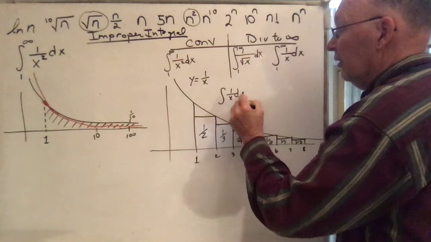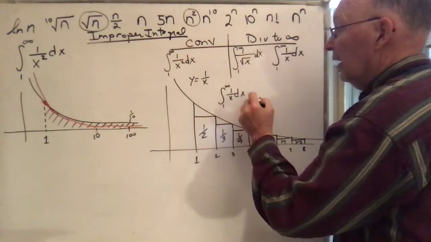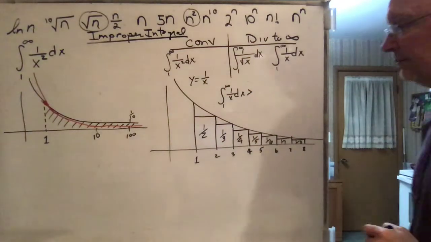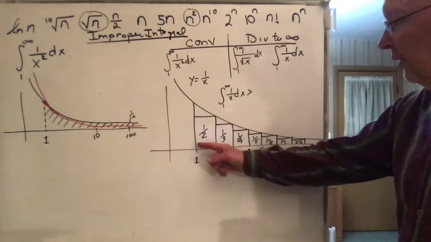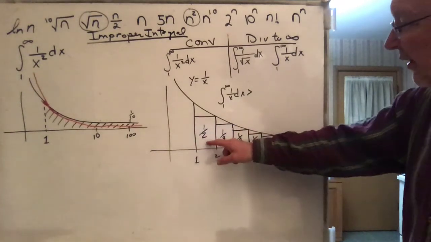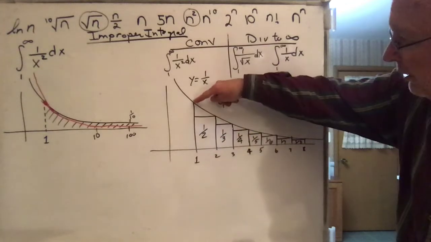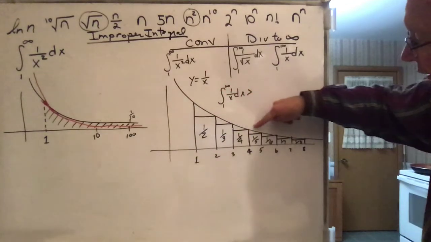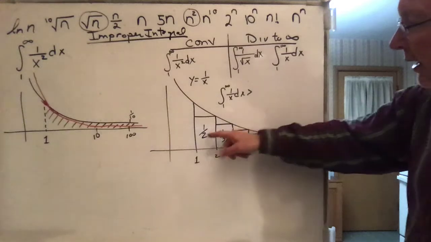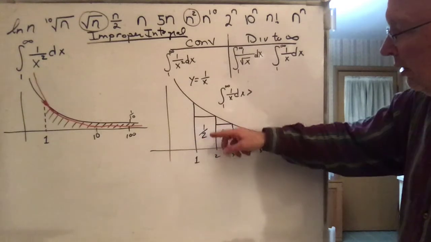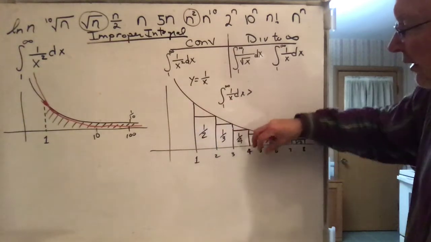So it's clear that the value of this integral from 1 to infinity is going to be greater than the sum of all these numbers, right? Because the value of this integral is the area underneath this curve right there, and these numbers are these rectangles underneath it.